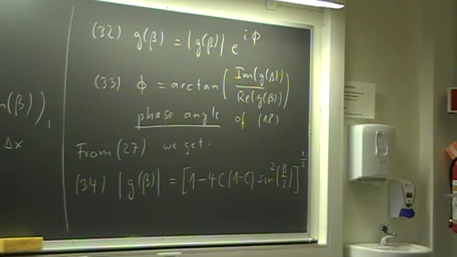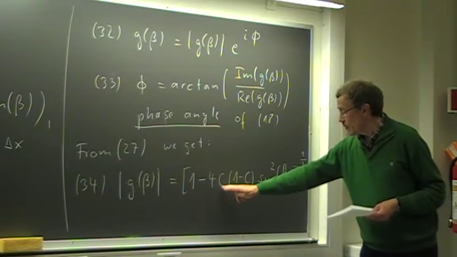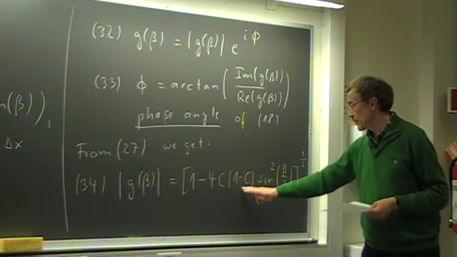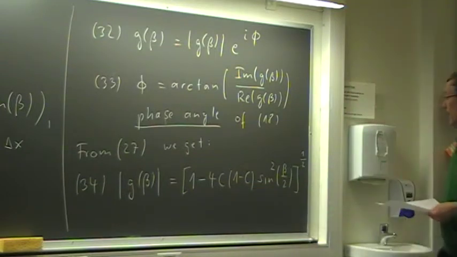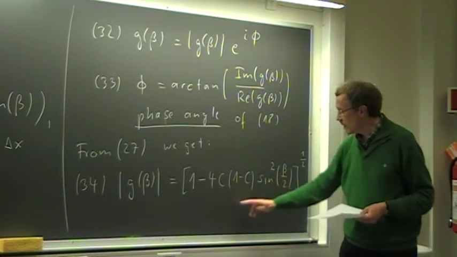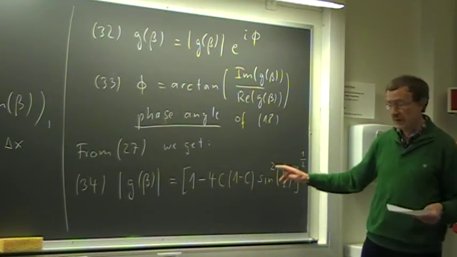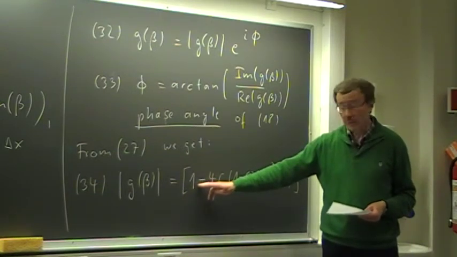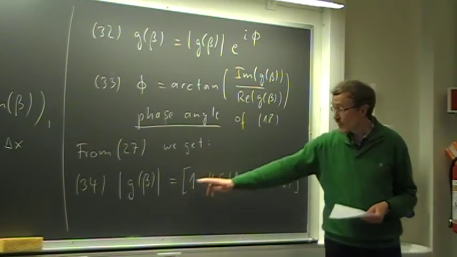So what can we see here? We argued from the stability condition that c should be between 0 and 1. So this is between 0 and 1, and this is then also. And this is positive or 0, so in the best case it is 0. But anyway, we get a negative number here, subtracting from 1.